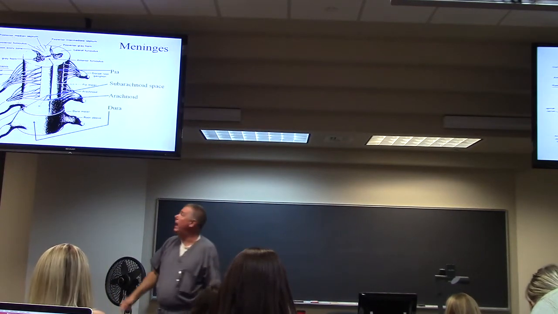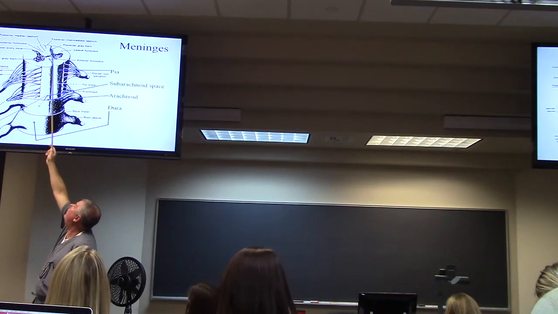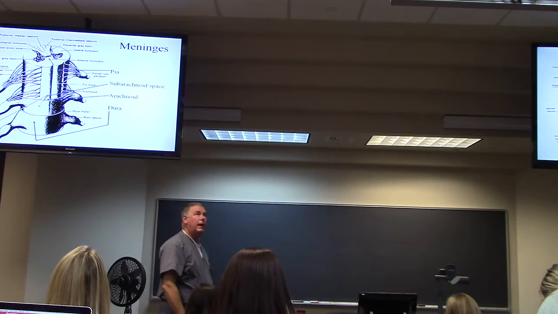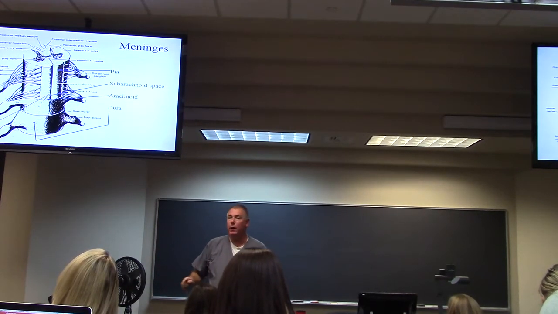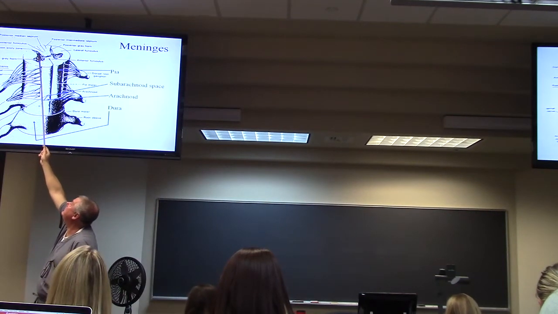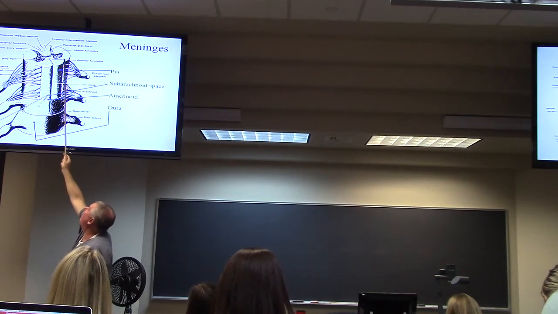On that posterior aspect, you see that little septum that I mentioned just a minute ago? Posterior intermediate septum. That divides that posterior part into 2 sections. Now the whole posterior part is called the posterior funiculus versus a lateral funiculus and an anterior funiculus.